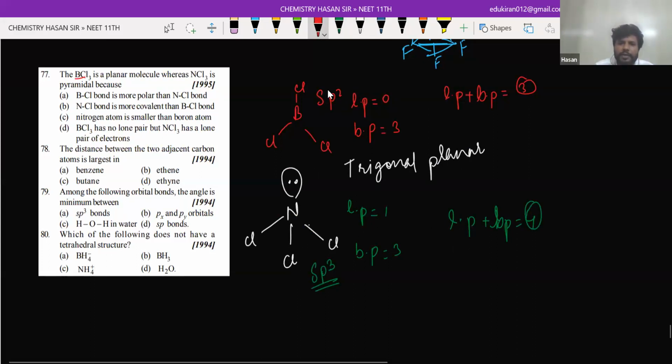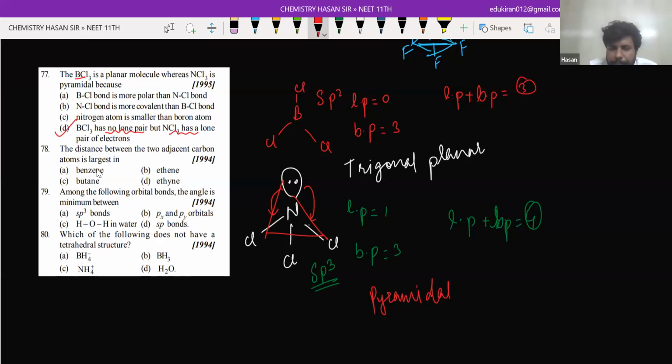If hybridization is sp3, then geometry is tetrahedral, but due to the lone pair there will be repulsion, and the structure will look pyramidal. BCl3 has no lone pair, but NCl3 has a lone pair of electrons. That's why they look the same, but the structure is different due to the hybridization and the presence of the lone pair.